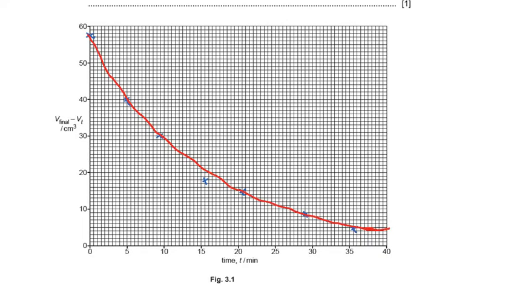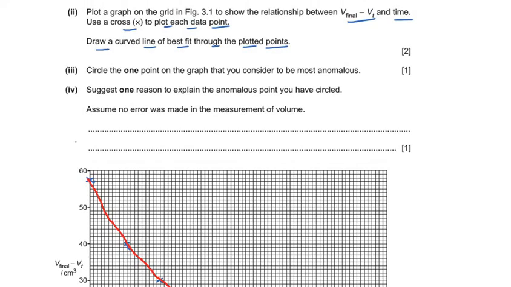Now let's see what the sub questions were on the top, where after plotting they said in the third sub question, circle one point on the graph that you would consider to be most anomalous. Suggest one reason to explain the anomalous point you have circled. Assume no error was made in the measurement of the volume.